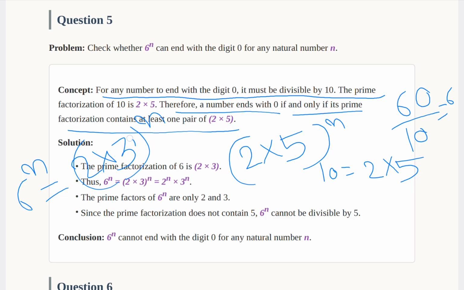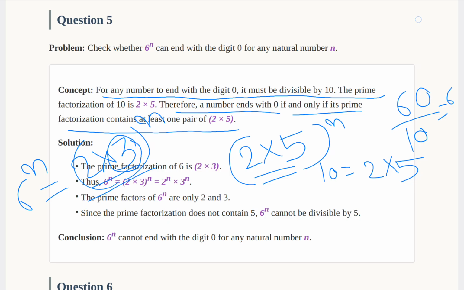If अगर आप यहाँ पर 5 हमको मिल जाता ना, तब हमारा ये 0 से एंड हो सकता था. बट यहाँ पर हमें 2 into 3 मिल रहा है. इस वाले प्राइम फैक्टराइजेशन से डिफरेंट प्राइम फैक्टर्स मिल रहे हैं. सो इट मीन्स दैट इट विल नॉट बी एंड विद द डिजिट 0.